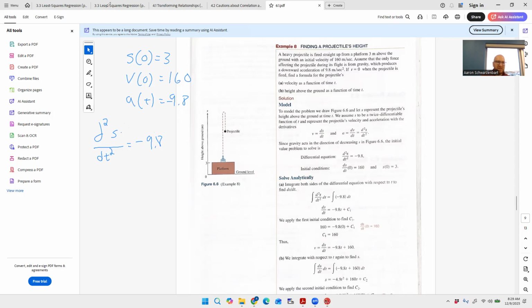I unfortunately cannot entirely separate this, and the notation is kind of bad. But when I multiply both sides by dt, I'm not going to cancel the 1 dt on the bottom.